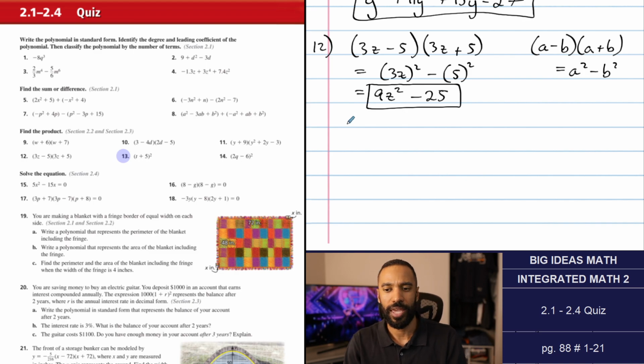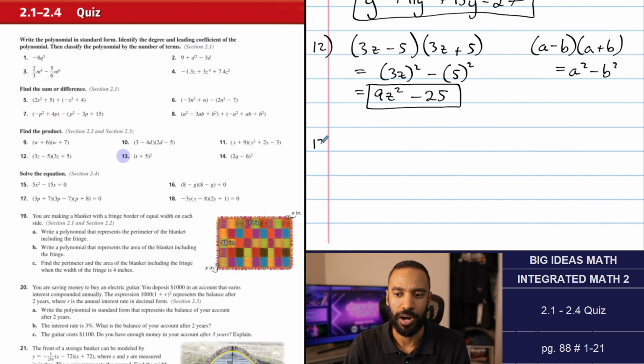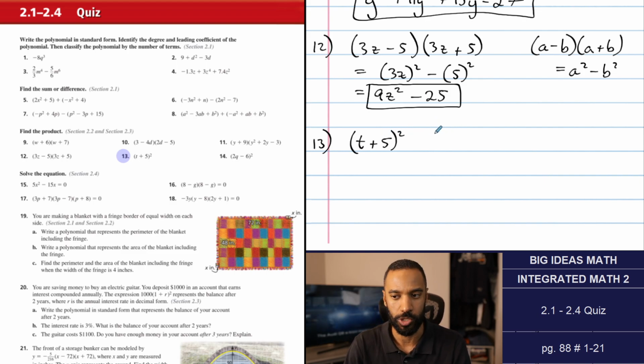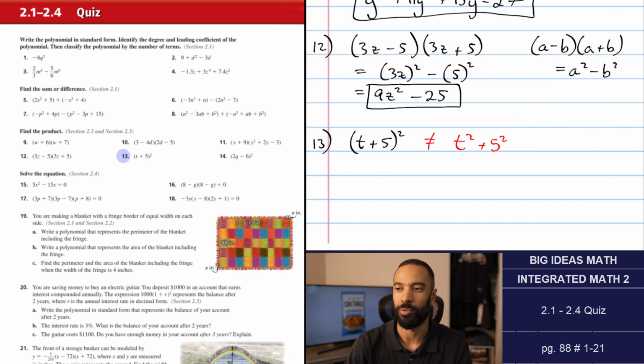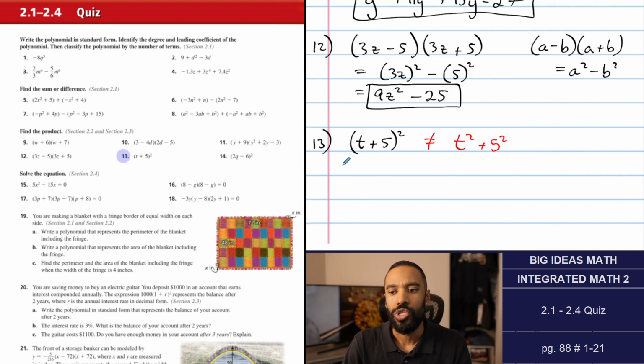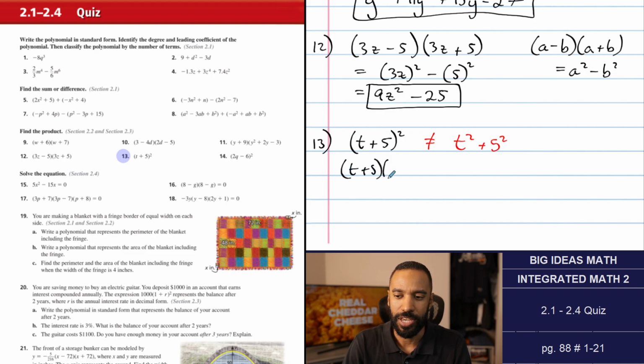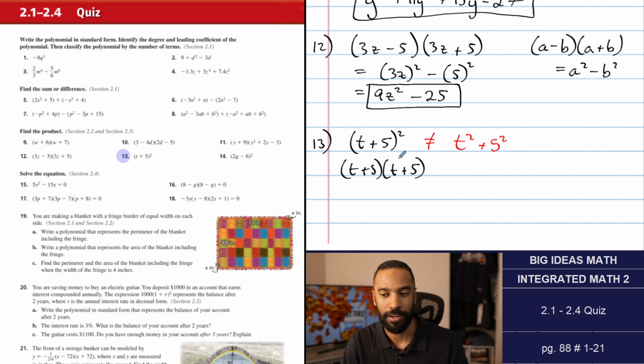Number 13 is another special case, and it looks like 14 is as well. These are part of section 2.3. Where, of course, you can do the foiling stuff, but this is even more important that you either recognize it for its special case or you expand this. It is not t squared plus 5 squared. You do not do anything of this sort at all whatsoever. You could do t plus 5 times t plus 5, and you can foil that out, in the same kind of way.